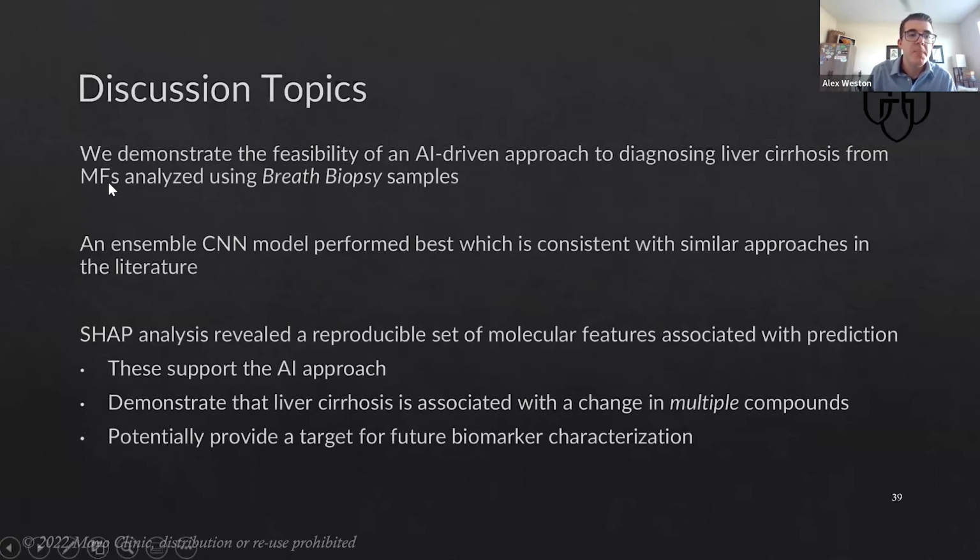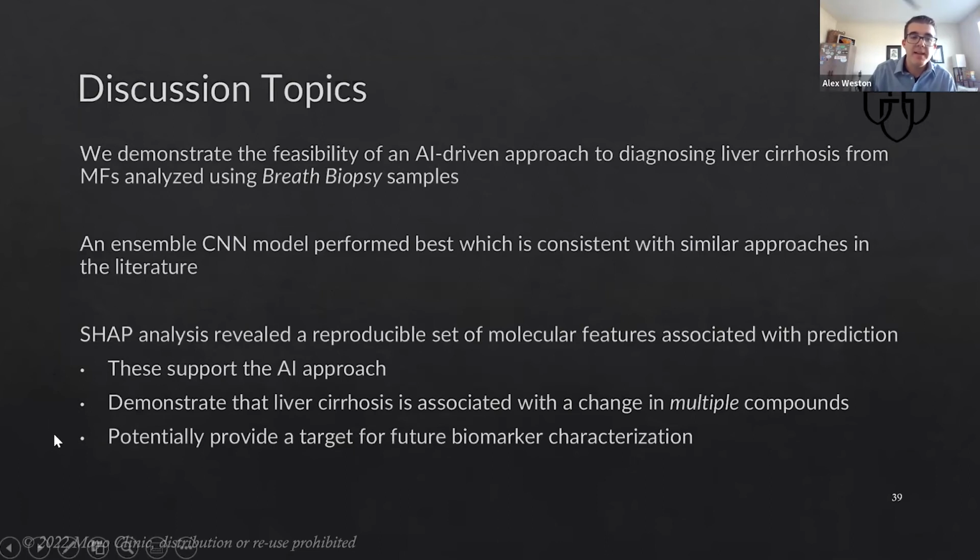So in conclusion, we demonstrate the feasibility of an AI approach to diagnosing liver cirrhosis from molecular features analyzed using this breath biopsy technique. We achieved best performance with an ensemble CNN model, which is consistent with the use of CNNs for medical imaging and signal processing in the literature.